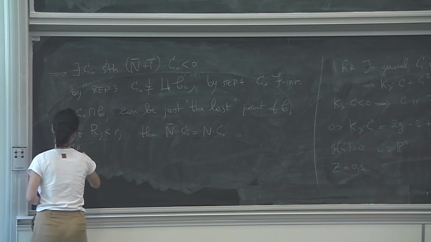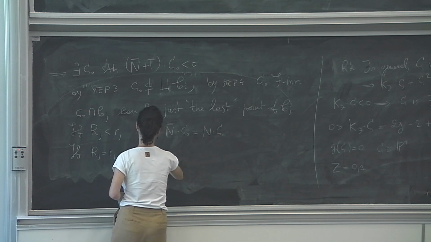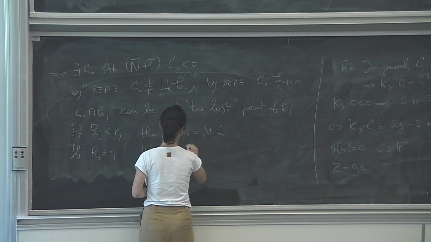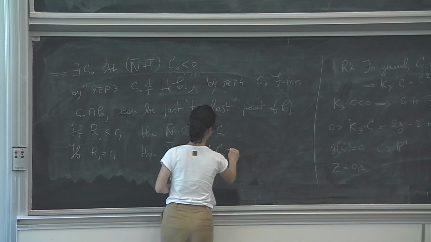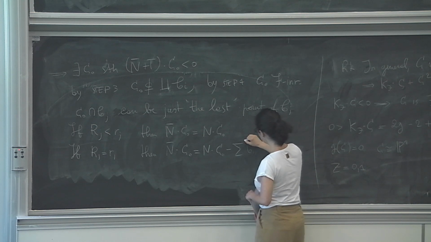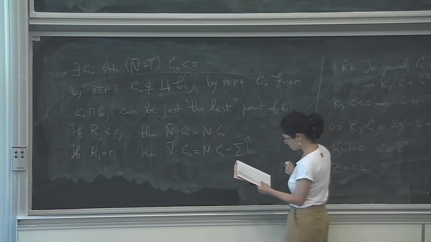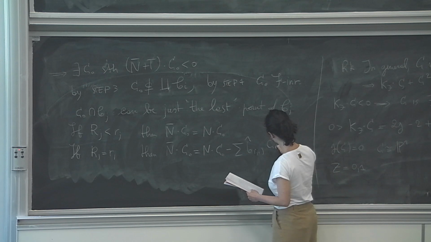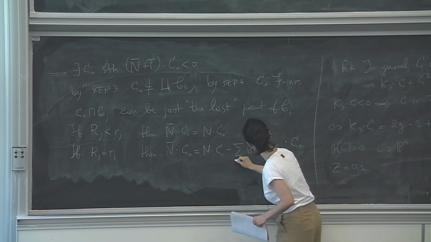And if they are the same, then maybe we have to subtract the b hat corresponding to the last curve of the chain.